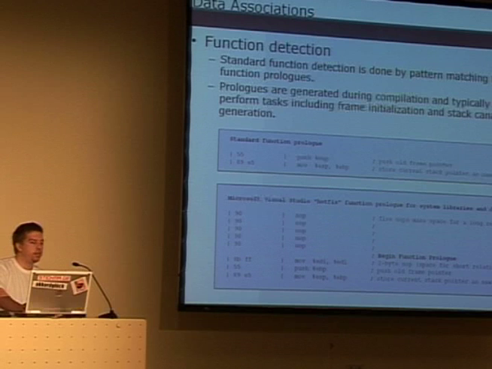So function detection is one of the more basic analysis tasks. It's actually quite trivial. Basically, in most standard compiled binaries that include function prologues, there's a standard method of doing a function prologue. In the case of standard C, it's usually push EBP and move ESP to EBP. That's just basically storing your frames so that you have a new frame of reference for this function.